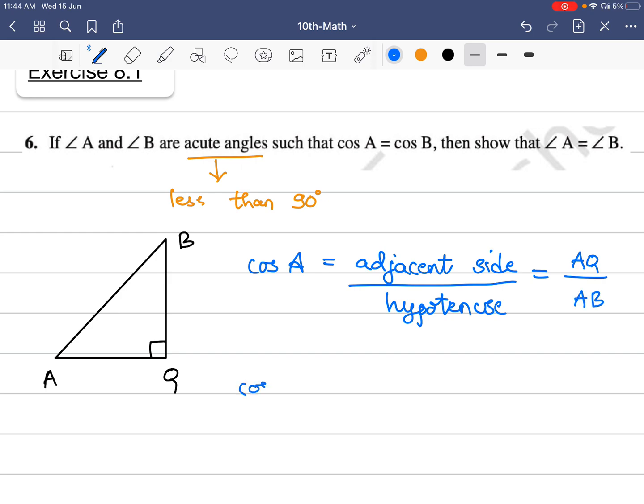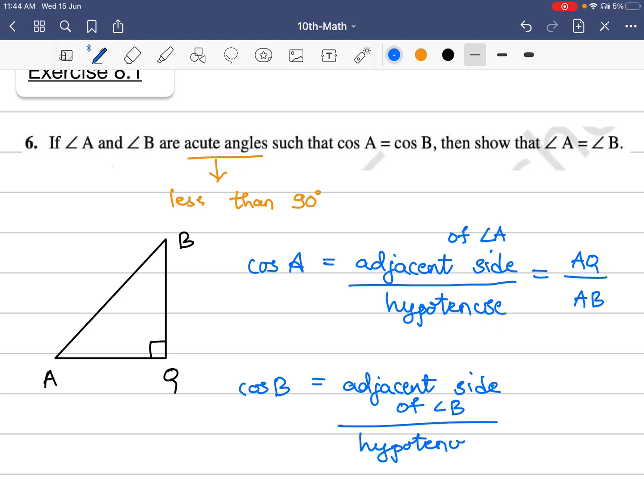And cos of B is also going to be the adjacent side of angle B, that's very important, divided by the same thing, the hypotenuse. This is the definition of cosine, which is the trigonometric ratio. Now, what is the adjacent side of angle B? That's BQ, divided by the hypotenuse AB. So thus we have noted down cos A and cos B.